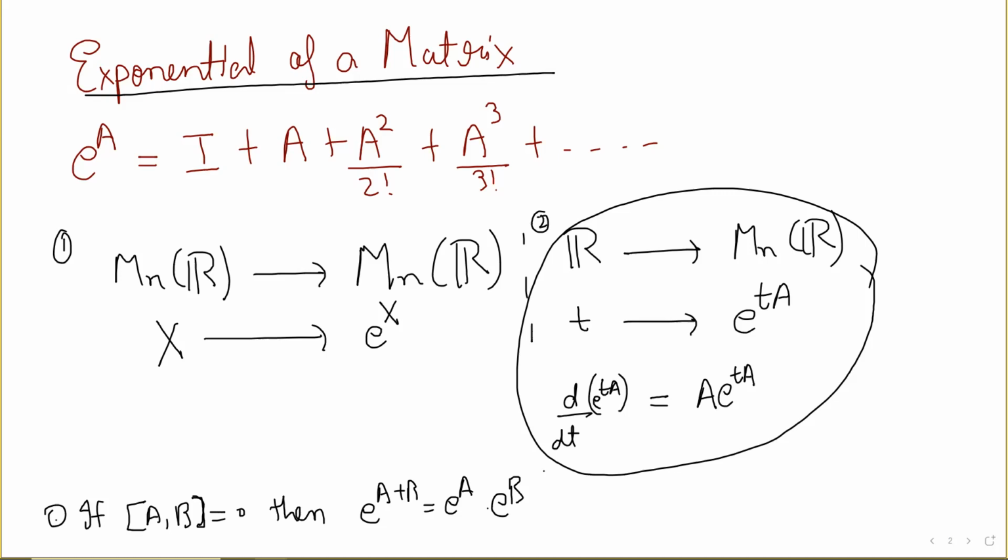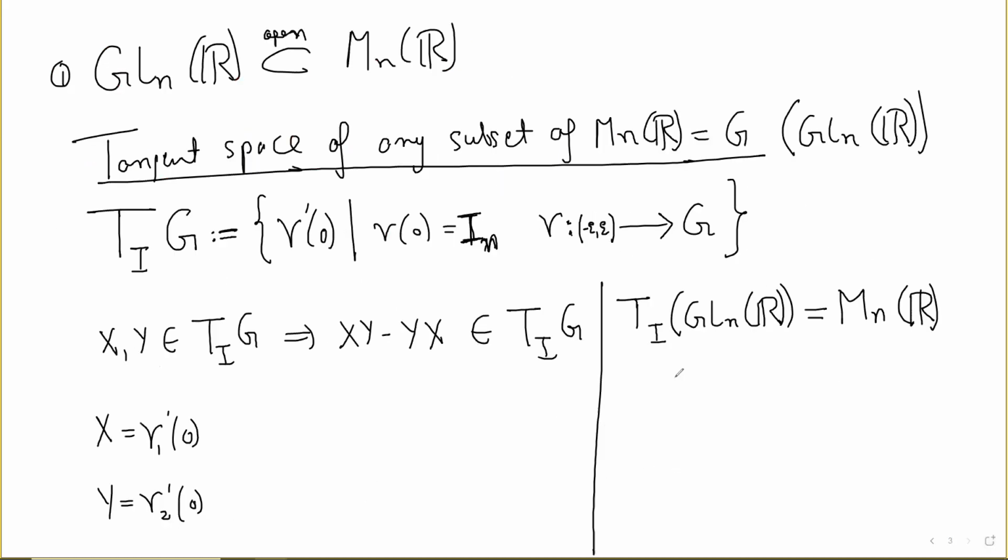Is that right? So given A in M_n(R), what curve should I take? Yeah, tA. So that's why you did that exercise, that's for this. Okay, so then this is done, right?